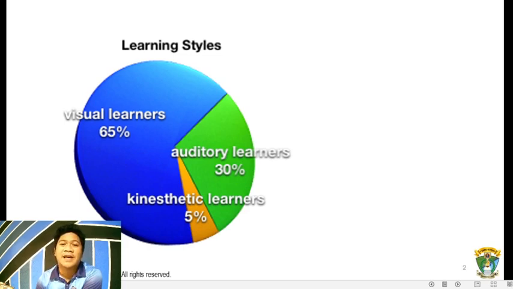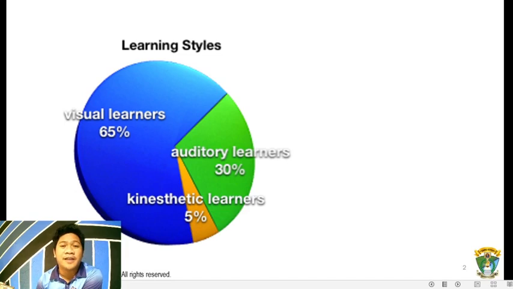So from this image, you can see that 65% are visual learners, 30% are auditory learners, and 5% are kinesthetic learners. And by simply looking at it, we already know that the majority of the class are visual learners because it takes up most of the image.